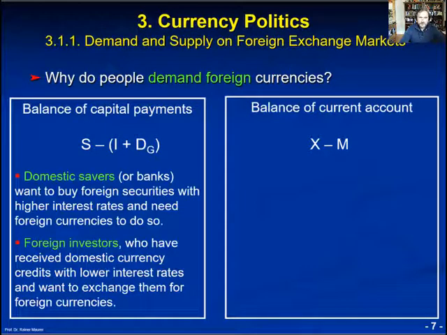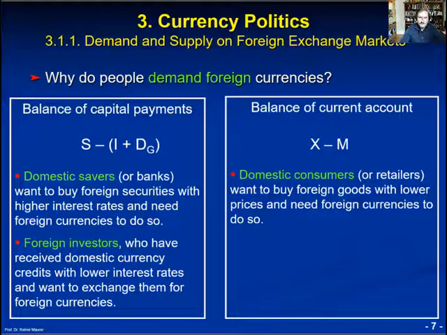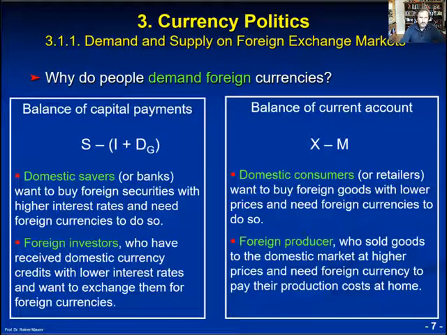Trade in goods or services leads to a demand for foreign currency if, for example, domestic consumers want to buy foreign goods with lower prices and need foreign currencies to do so. Or another example is foreign producers who sold goods to the domestic market at higher prices and need foreign currency to pay their production factor costs at home.